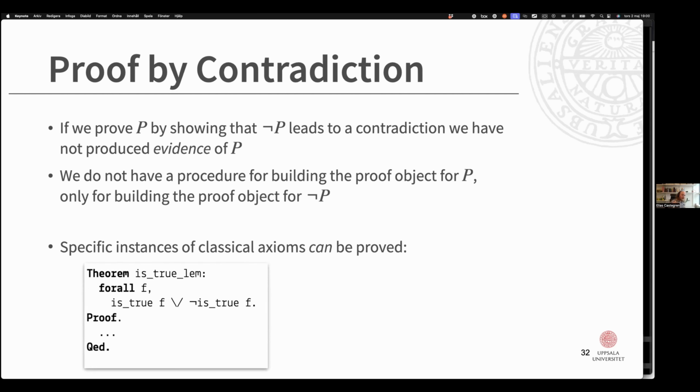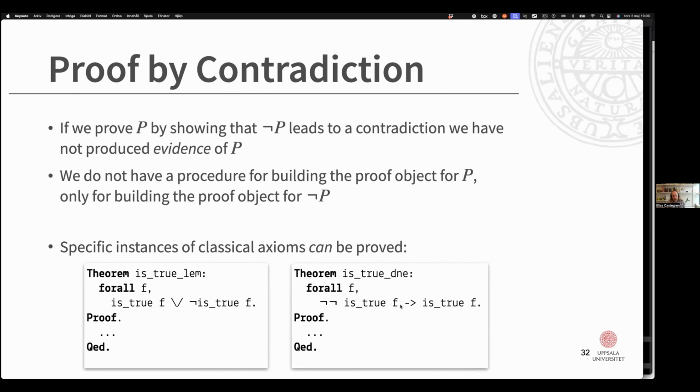However, it's good to know that even though you don't have, for example, the law of excluded middle, you can prove specific instances of these. So for example, we can prove that either something is true or not is true for our little formulas that we had before. We can prove that proof by contradiction works in this particular instance.